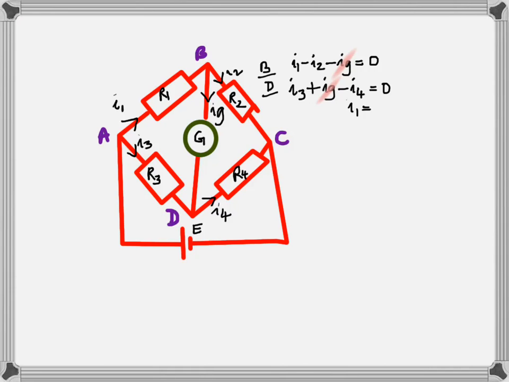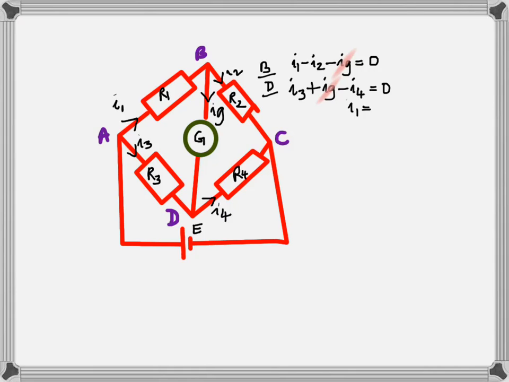I1 is coming into the junction. What about I2? Leaving the junction. And what about Ig? Leaving the junction. A current entering is taken as positive, and a current leaving is taken as negative. So therefore, at B, I1, since it's flowing in, is positive, minus I2 minus Ig is equal to 0.